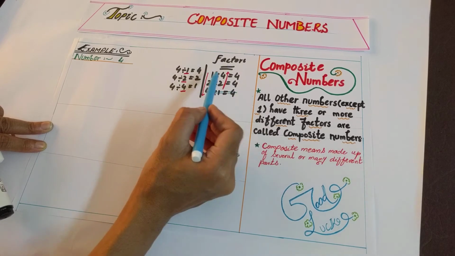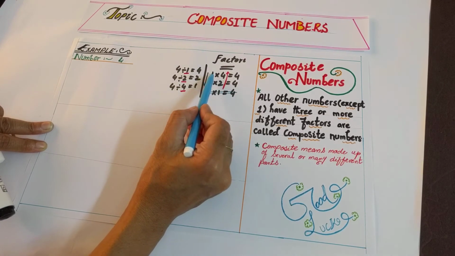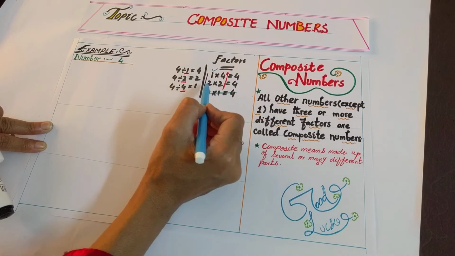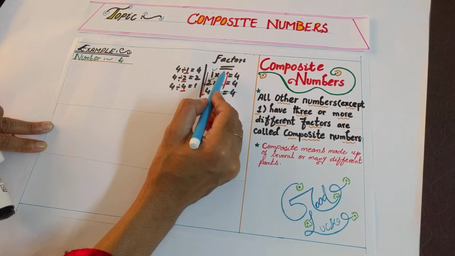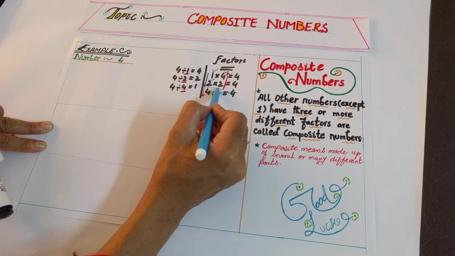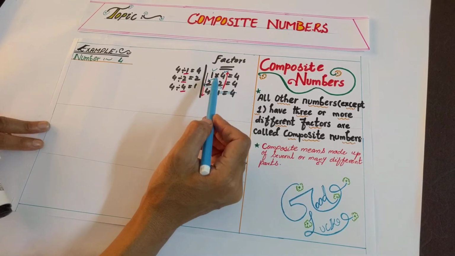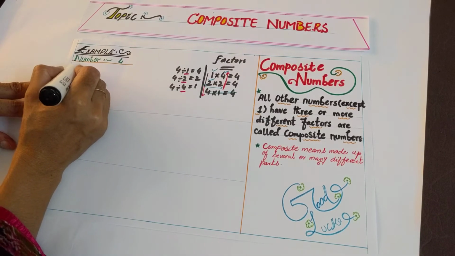So our factors are, this downward arrow means 1 is the factor, 2 is the factor, 2 is repeating, so leave this, and 4 is the factor. So this 1, 2 and 4 are the factors. So you can check the factors by multiplication or by division. So what are the factors of 4?